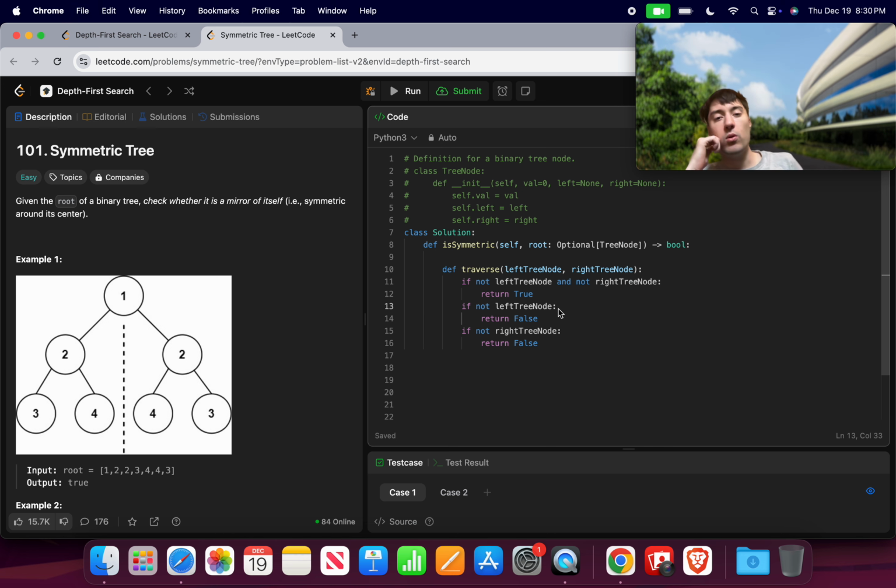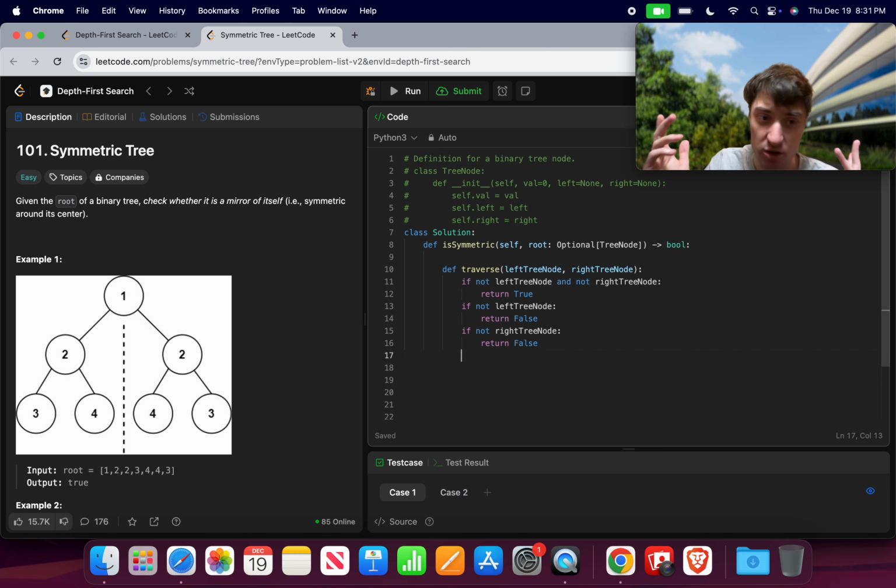So now, what do I want to do? I want to check if the corresponding nodes match up with each other. So I'm on 2 here and 2 here. I want to see if their values are the same.